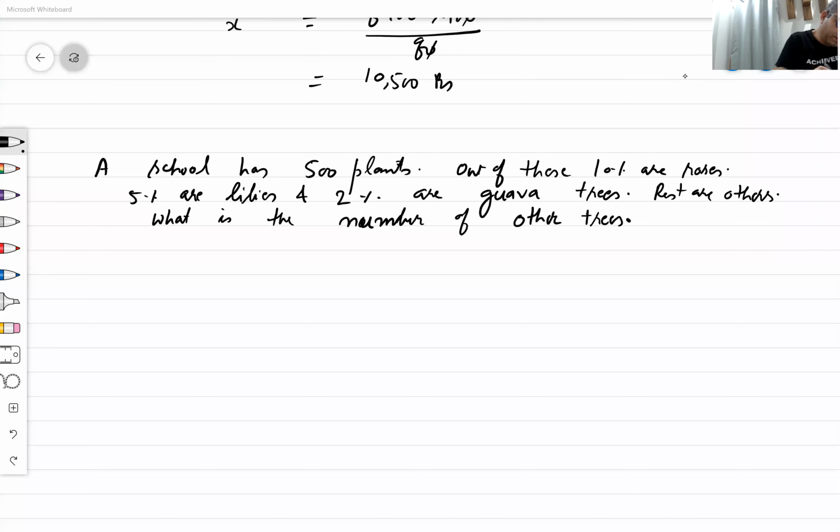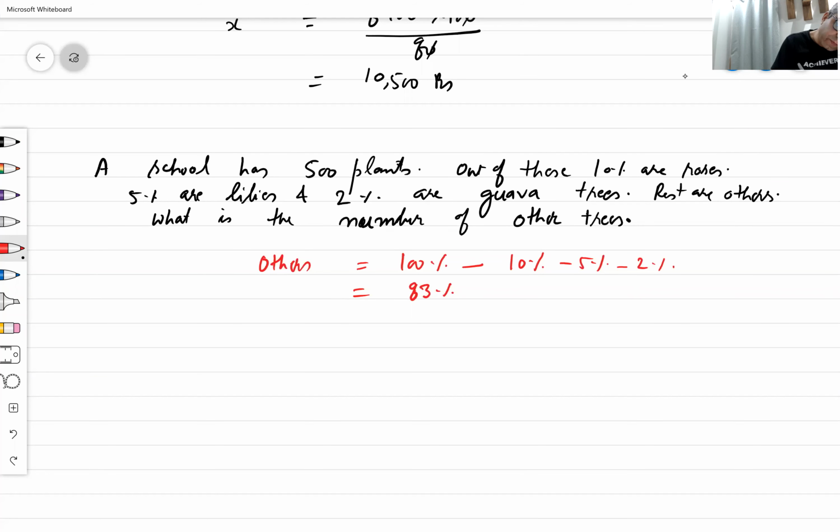So let's see. School has 500 plants. So others, how many? What is the percentage of others? So 100% is total, minus 10%, minus 5%, and minus 2%. That means 17%. That means 83% are others. Okay.